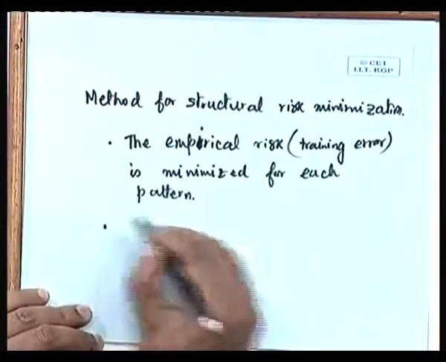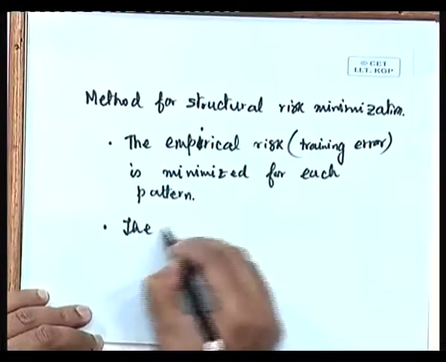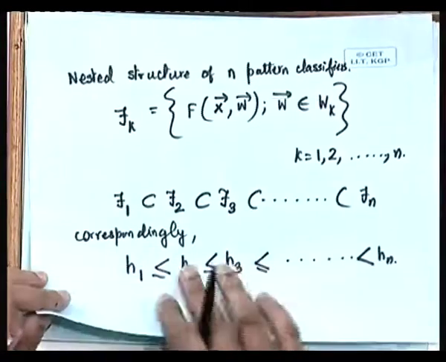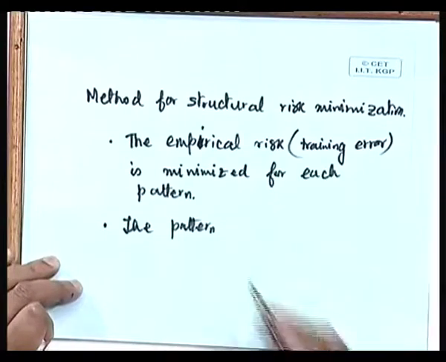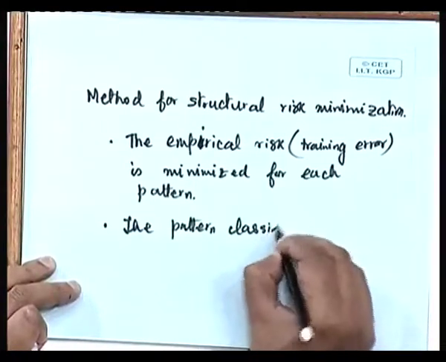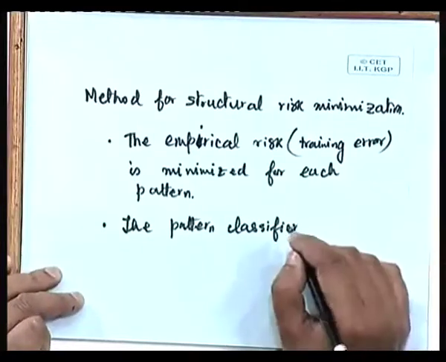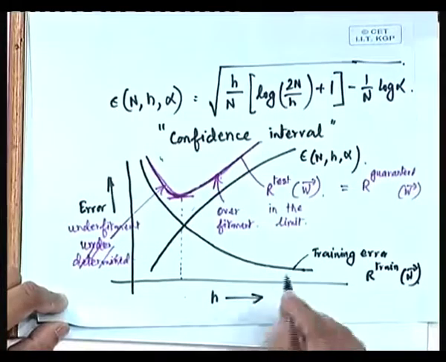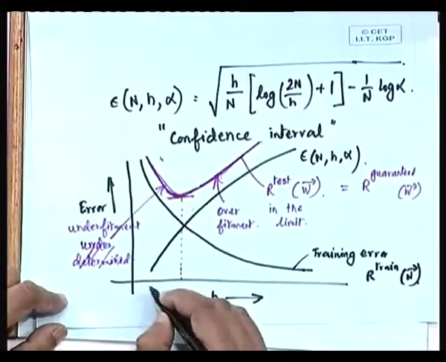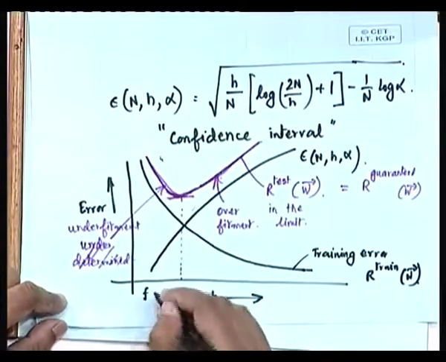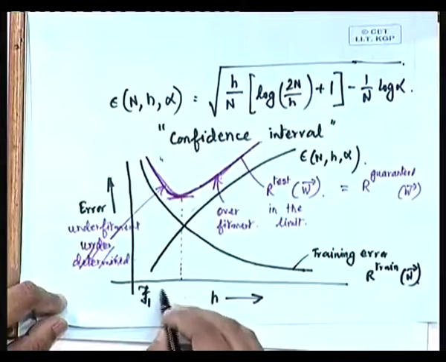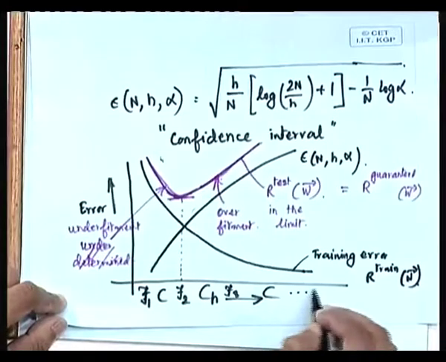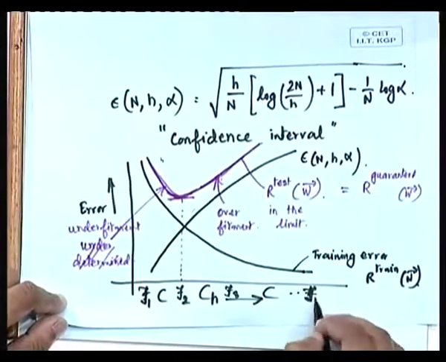And then you determine, out of all these pattern classifiers F1, F2 up to Fn, which pattern classifier gives you the smallest guaranteed risk. Smallest guaranteed risk means this one. The set F1 will be here, then F1 will be contained in F2, contained in F3, and so on, and Fn may lie somewhere over here.